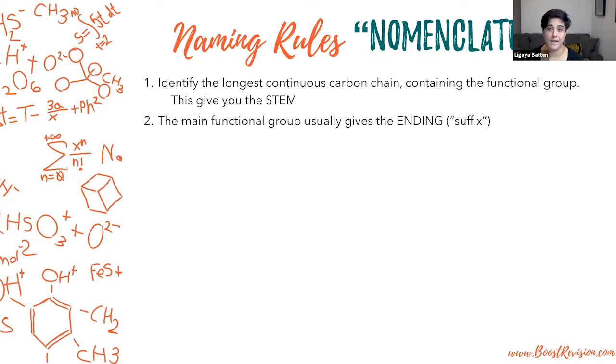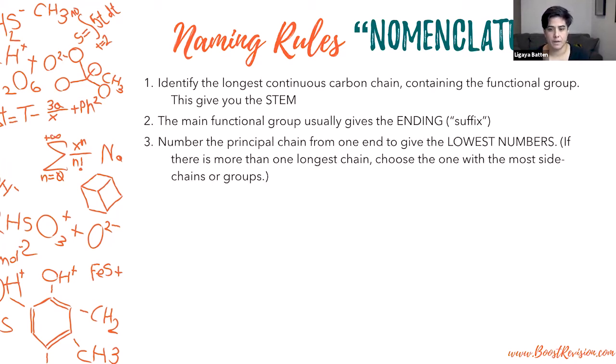So with alkanes, that gives us an ending of -ane, or with alkenes, an ending of -ene. So the longest continuous carbon chain gives us the stem of the name, and the main functional group usually gives us the ending, but sometimes will give us the beginning. We'll talk about that later.